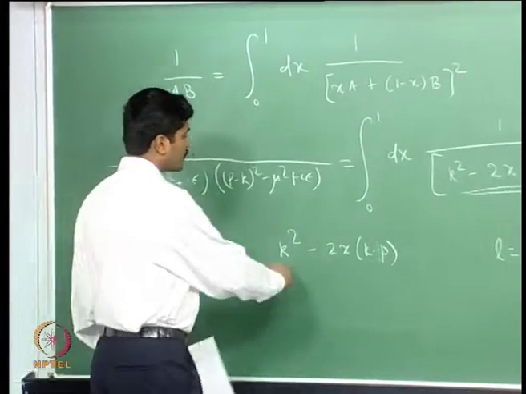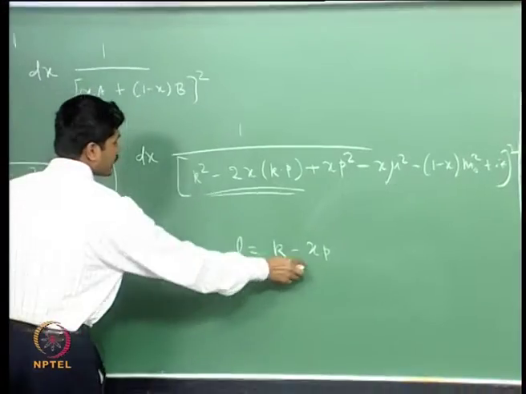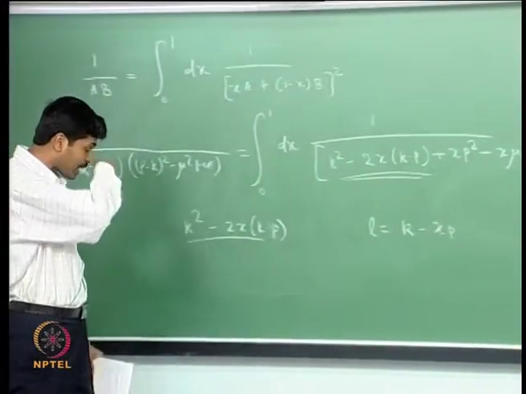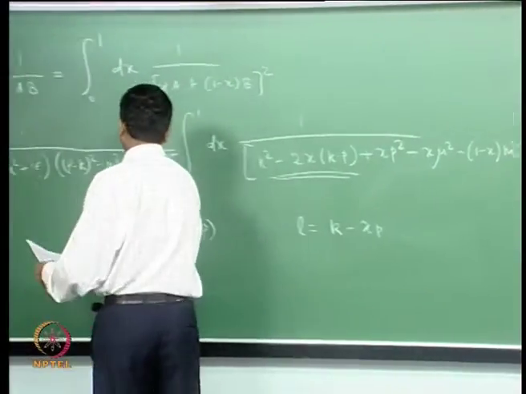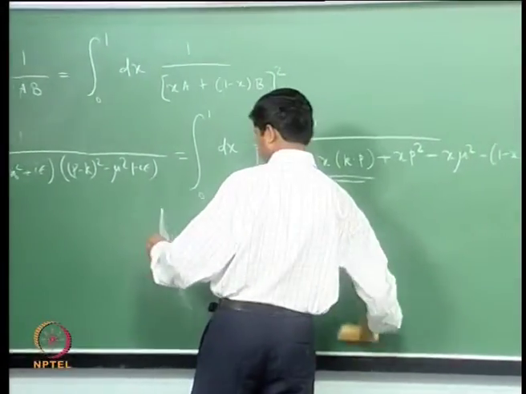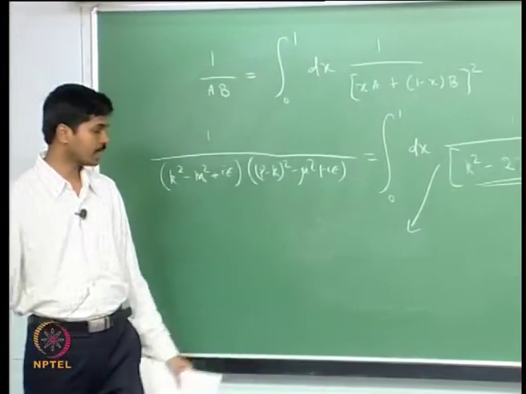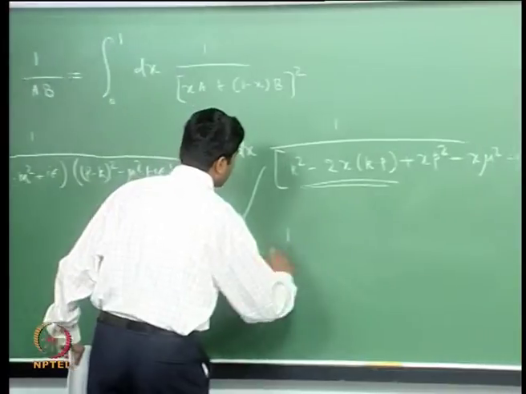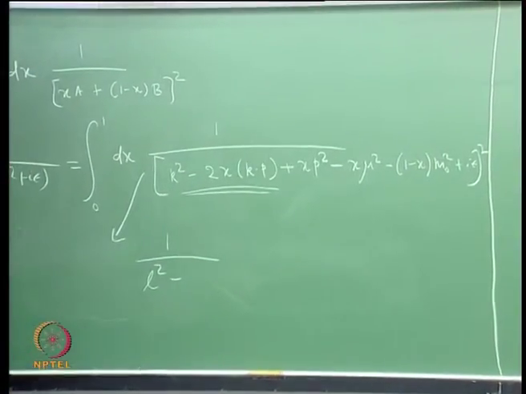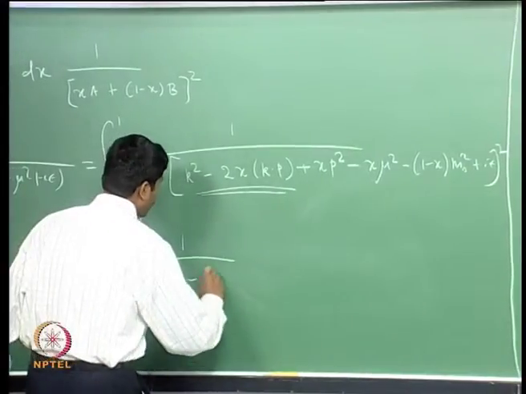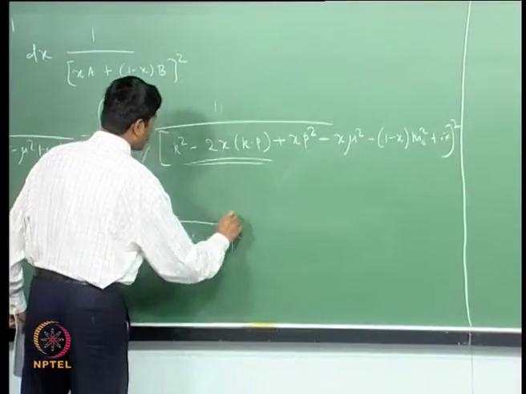So instead of writing this in terms of the variable k, if I use the variable L, then what I will get in the denominator is the following. The denominator can be written as 1 over (L square minus delta plus i epsilon), this whole square, where whatever is left I denote by delta.